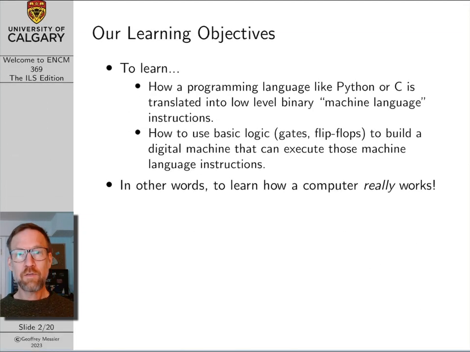So I'd like to start out with the learning objectives for the course. What are we going to be learning in ENCM 369? Well, basically, there's kind of two learning objectives.